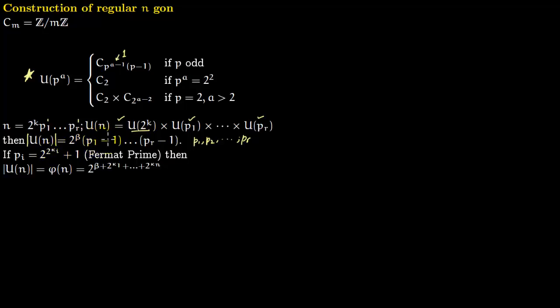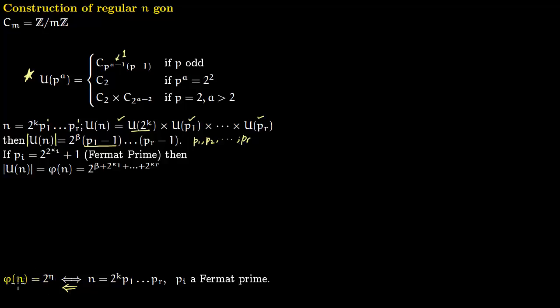You plug in these values and you get the order of U(n), which is precisely the number of integers relatively prime to n which are greater than 1 and less than n. Instead of p1 minus 1 we have 2^kappa_1, and up to r we have 2^kappa_r. So we have done this: if n is of this form where p_i is a Fermat prime, then the result in this direction holds.